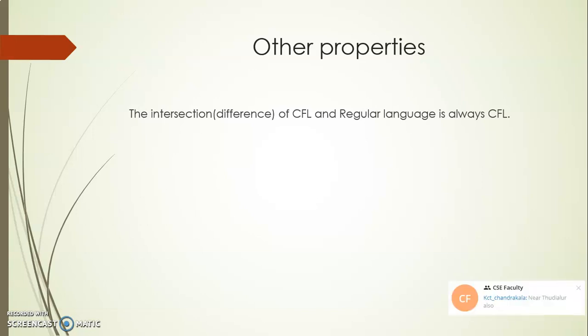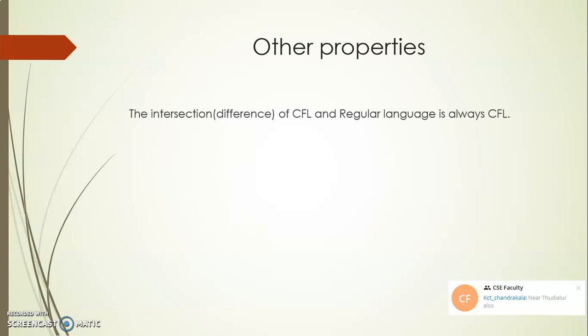Let me summarize what we have seen under unit 3. We have seen what is context-free grammar, and how to construct leftmost derivation, rightmost derivation, and parse tree. Then, given a grammar, how to prove that it is an ambiguous grammar. Then, if a grammar is given using operators, we have seen 1 or 2 examples for eliminating ambiguity from it.